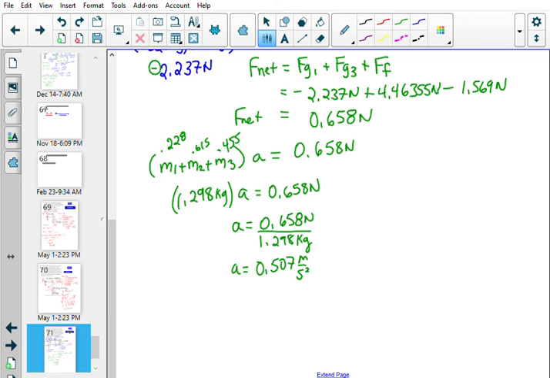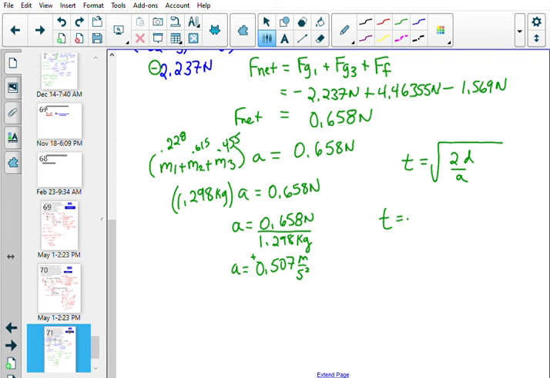Once we know the acceleration, we knew we were off to the races because we could go right to the same formula that we had last time to work out the time, the square root of 2d over a.